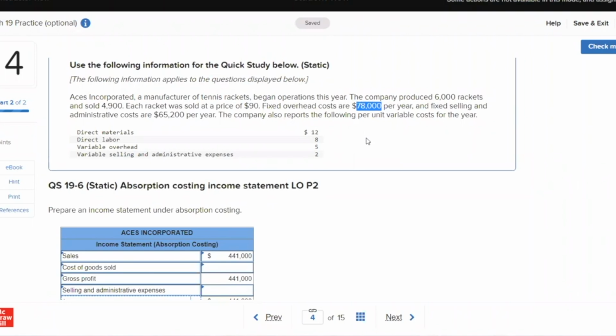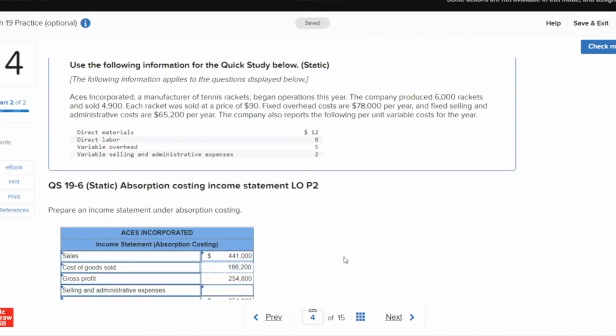So I'll take my $13 for the fixed overhead and add it to these other 3 costs, which are 12, 8, 5. I get $38. Then I take the $38 times the number we sold, 4,900. That's 186,200. That's my cost of goods sold.